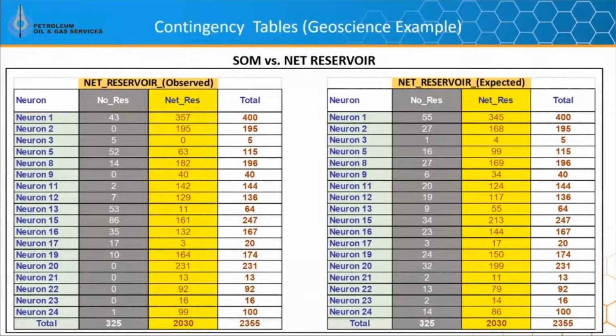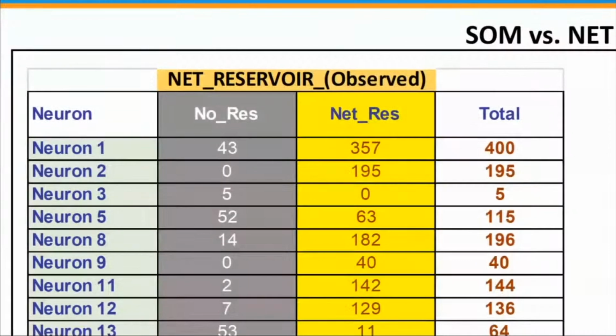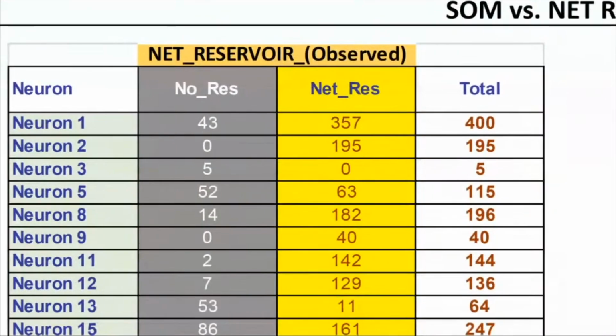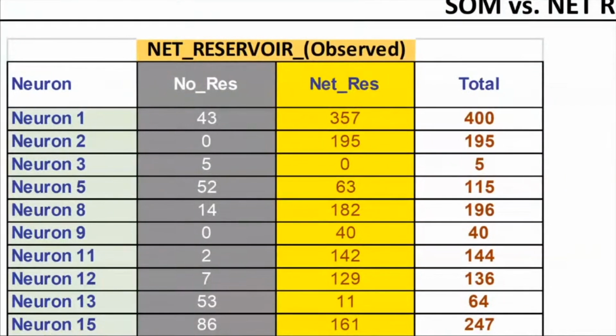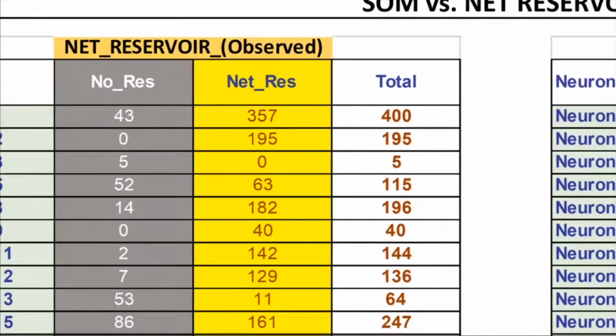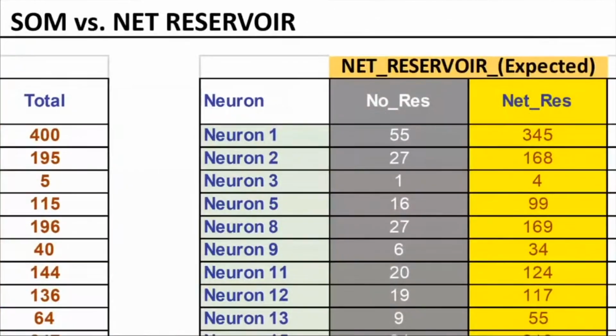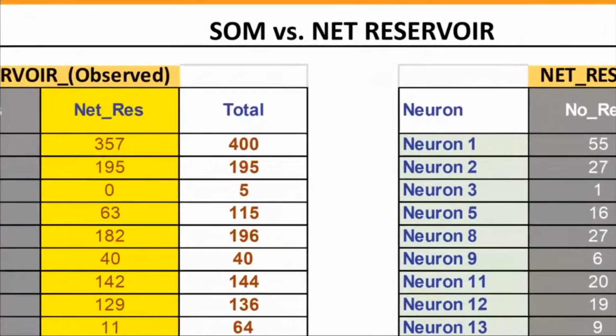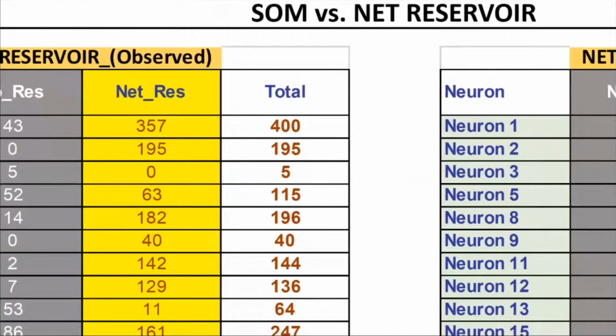So at the right, you have the expected frequencies. So you have maybe the count of neurons observed. For maybe neuron 1, you have 43 times the no reservoir category, and 357 the net reservoir. And maybe you have in the expected frequencies 55 and 345. The values are closer.